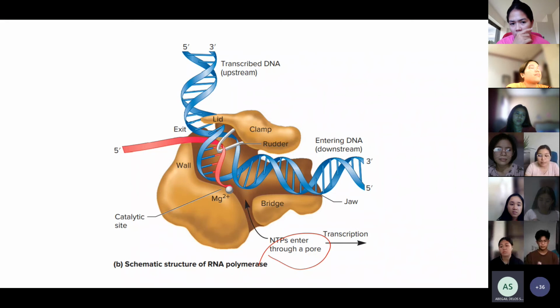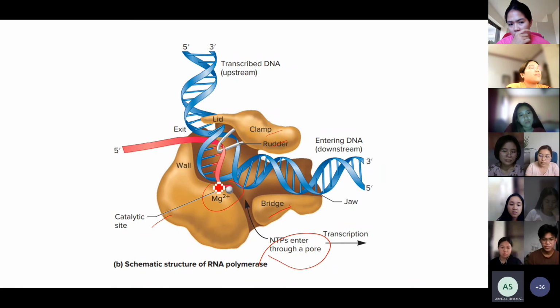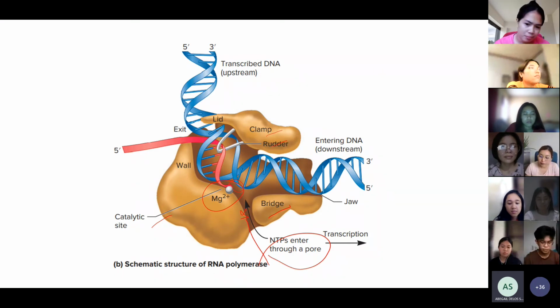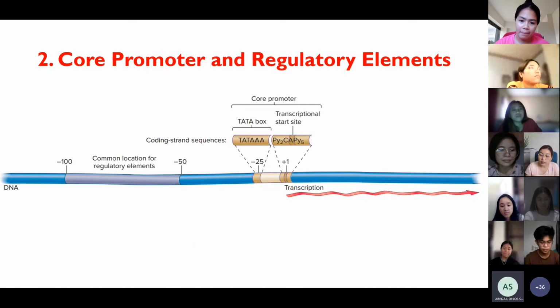So if you can see, it basically looks the same, but the terms are different. We have the bridge, the clamp, and the rudder. The catalytic site, which has the magnesium, is where the NTP would enter, so that the nucleotides can attach to our RNA transcript.